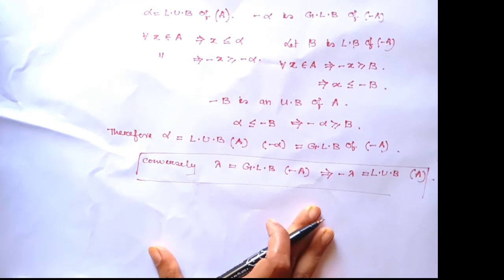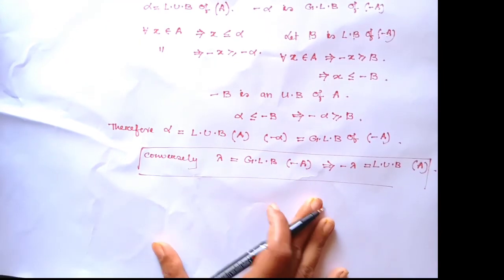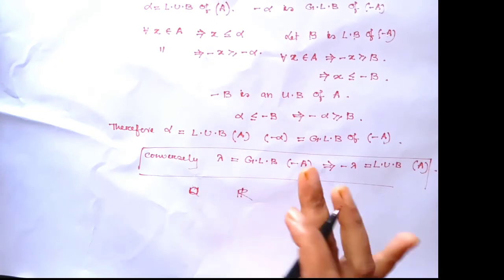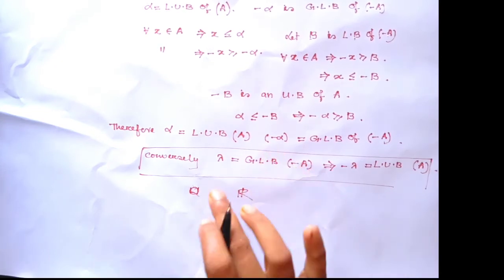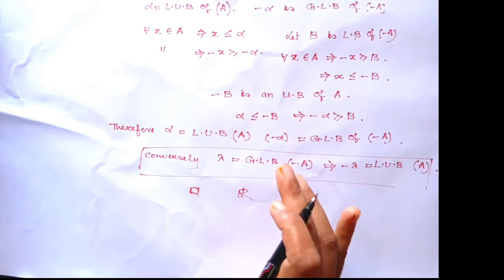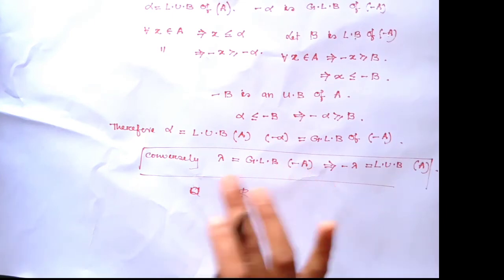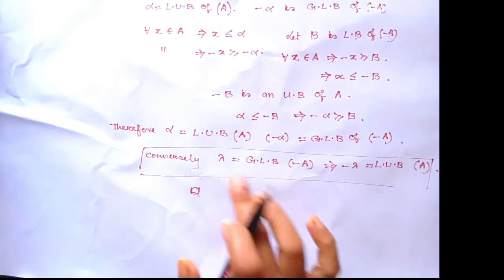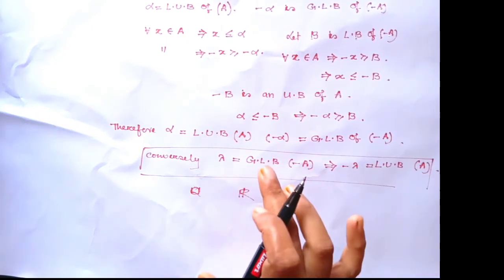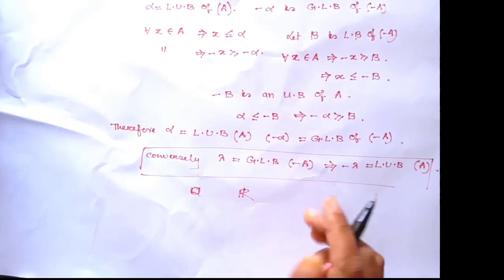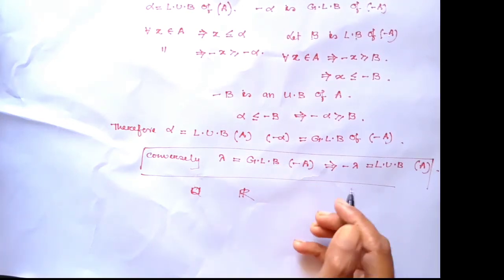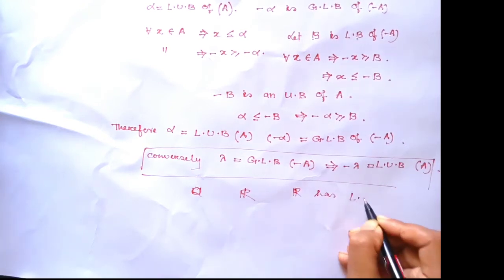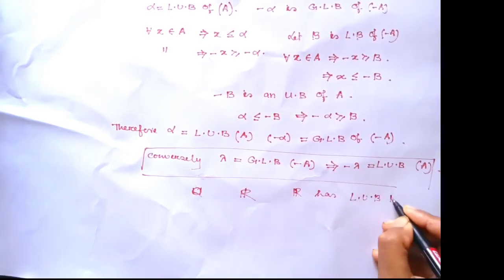Now look at a new topic, Q and R. We know algebraic property with respect to addition and multiplication is the same in both Q and R. Similarly, order property is the same, but only R has LUB property.